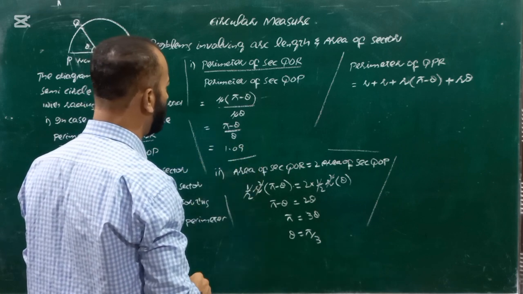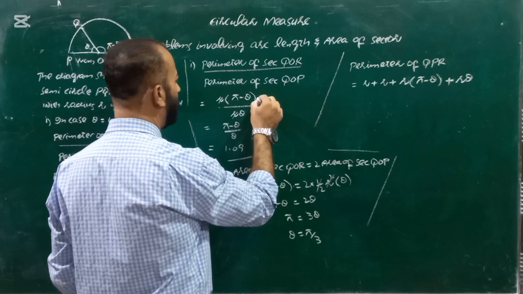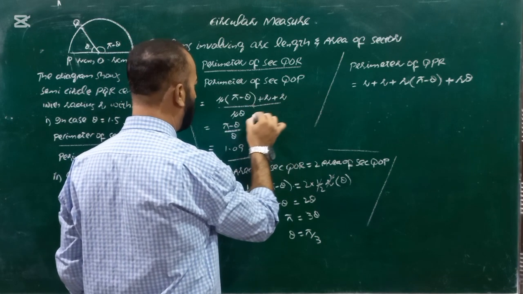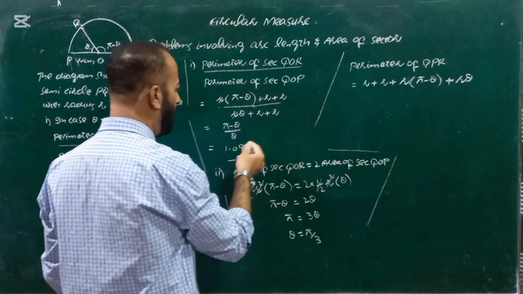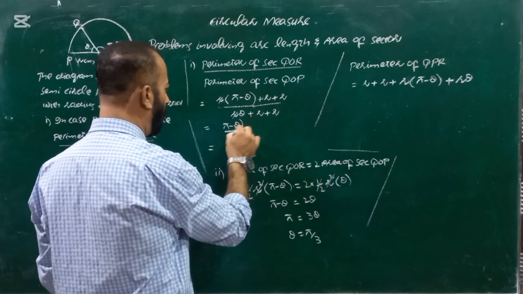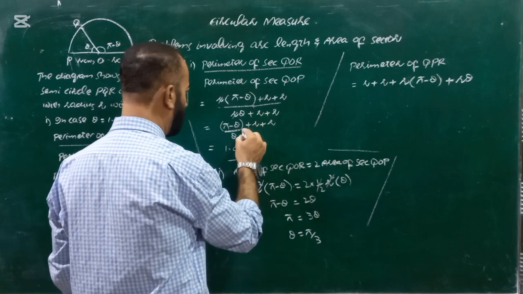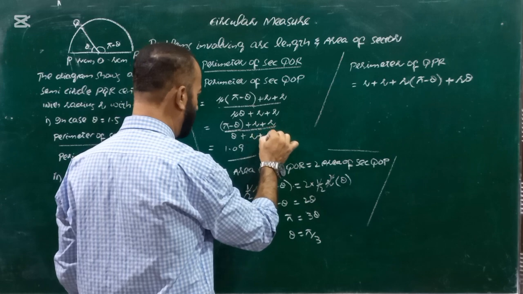So you can put also that thing here, that is R plus R over R plus R. The effect will be almost same. So that's why I have not placed it, to make it simple.